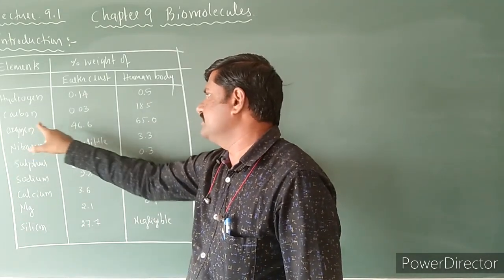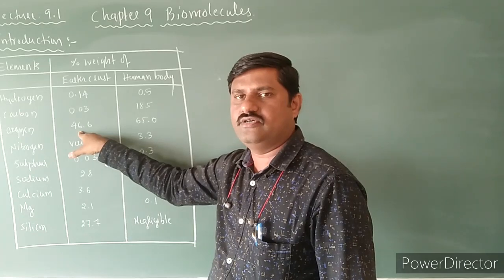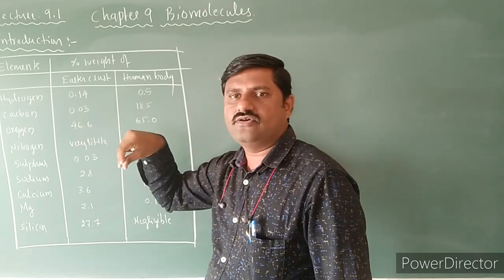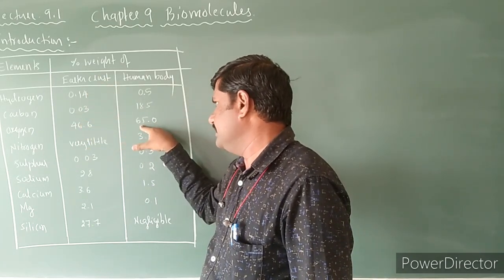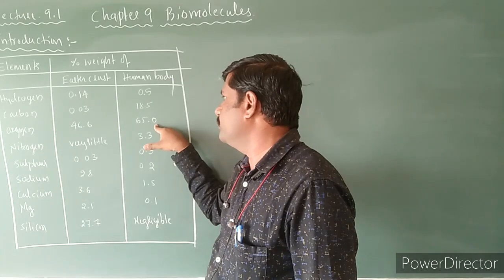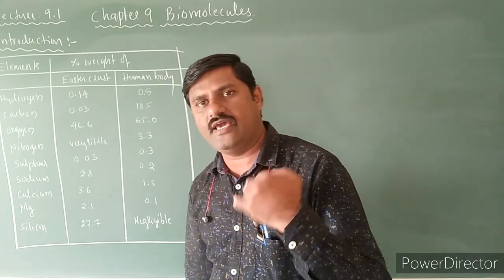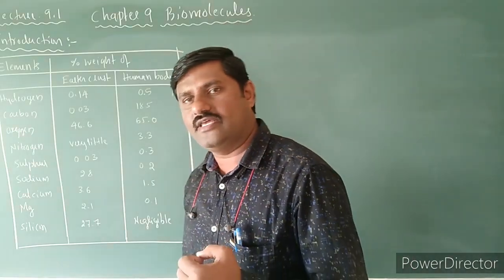And the next one, oxygen. It is about 46.6, around 47, in the earth crust, and 65.0% in the human body. Right? Due to respiration and inhalation, the intake of oxygen is done here.